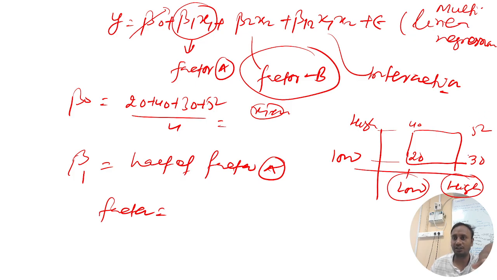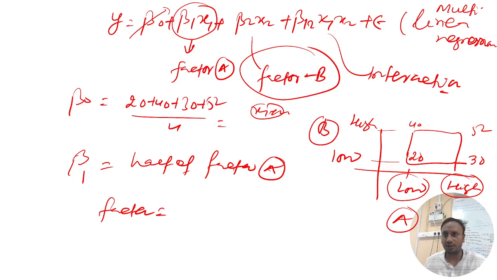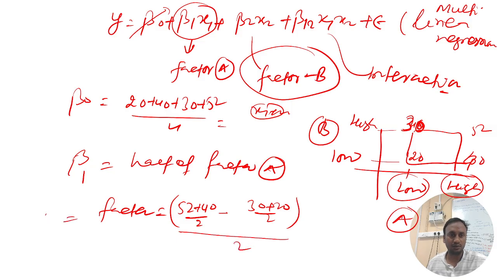This is factor A, this is factor B. So 52 plus 40 minus 30 plus 20, by 2, and then by 2. Okay, is it? So it came 20.5.